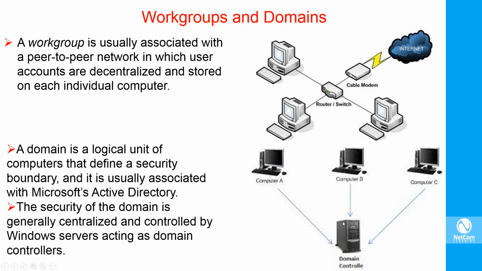That domain controller is a centralized place for the users to store data, for the users to have their credentials stored for their own workstations, and this domain controller can also handle other server roles like file hosting or print jobs.